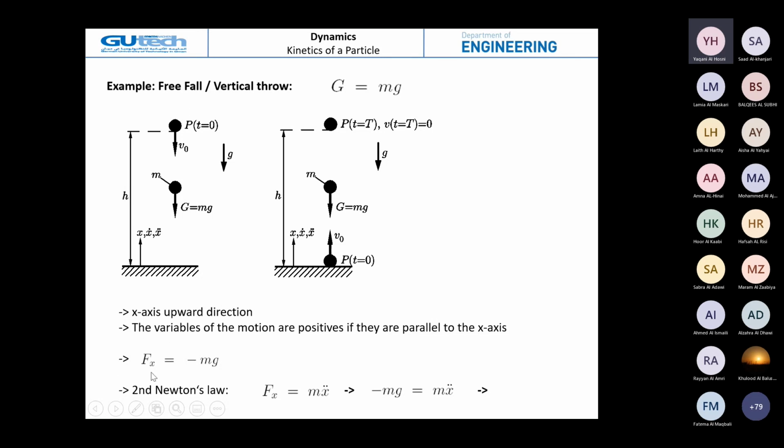Then the force Fx is only minus mg, and this is, let's say, the action, and from the second law, what we call the reaction. In this case, we get the acceleration, it's only minus g. It's the same principle here, the same relationship. Then we get that mg is opposite to x.